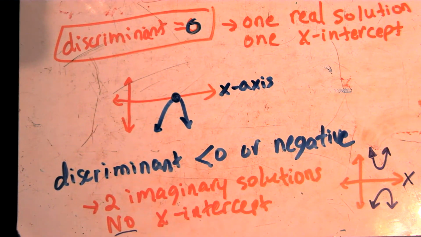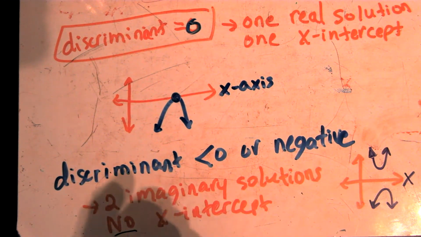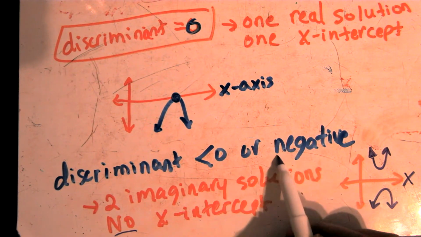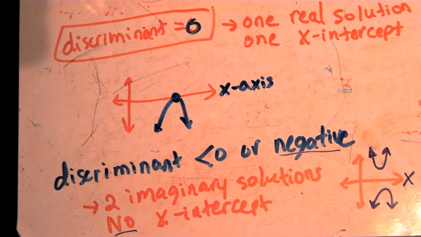No x-intercept. And when we solve using the quadratic equation, we'll see that we have a negative discriminant. And when we solve, we're going to get a number that does not represent a real solution. It represents imaginary solutions.